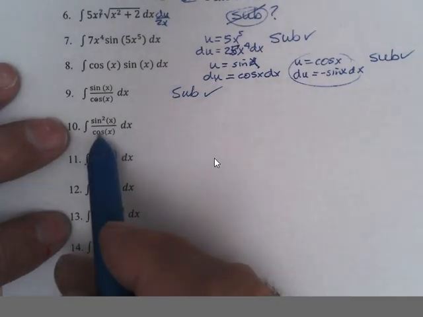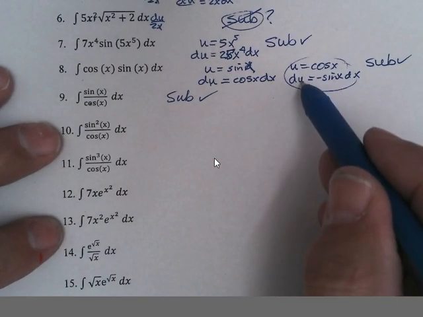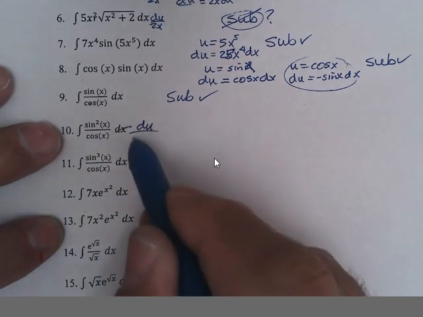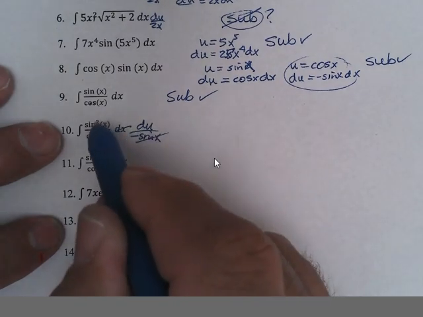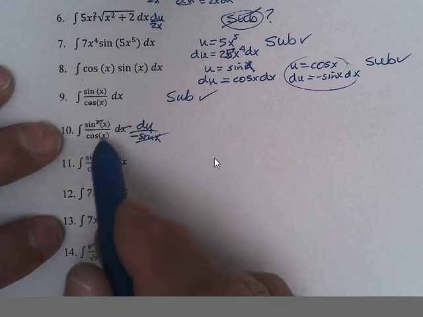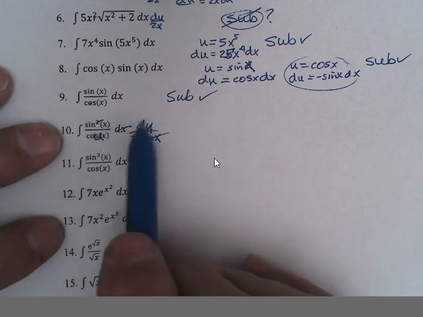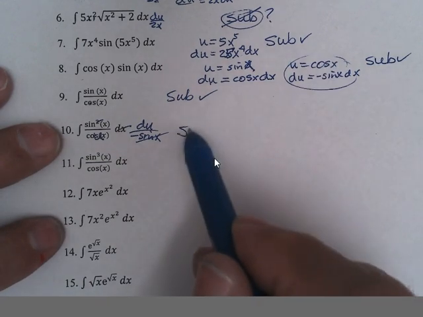And if you let u be cosine x on this one, the dx becomes du over negative sine x. And one of the sines cancels, and this cosine becomes a u, but the other sine x doesn't cancel, so we have a sine x over u du with a minus, but it's not going to work very well.